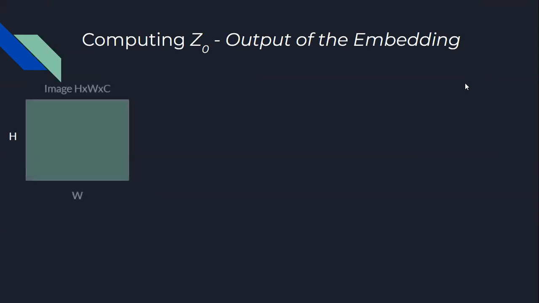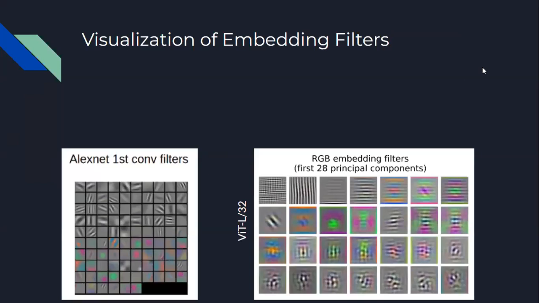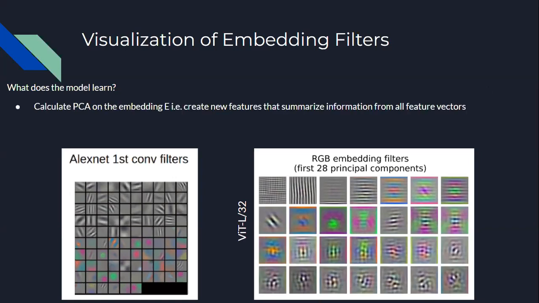I'm going to skip this one for time, but this is just how we compute the embedding. If we want to visualize what the embedding is learning in the model, we can first take the E matrix, which is applied to each of the image patches, and visualize what the principal components of that embedding matrix look like. So E is a matrix.